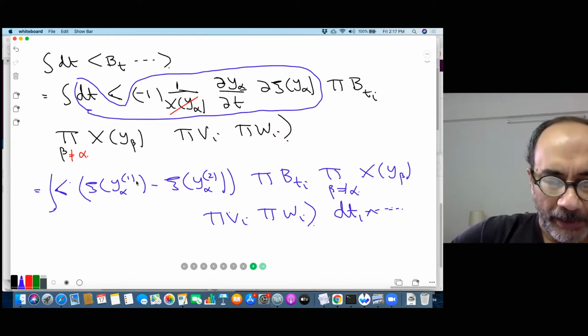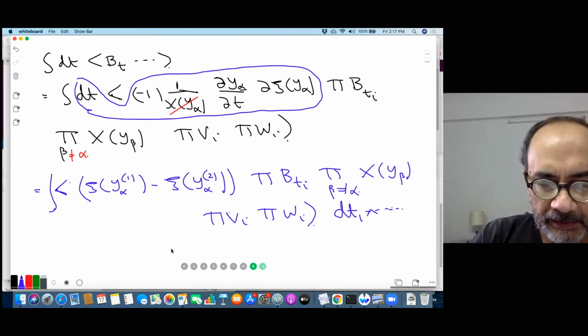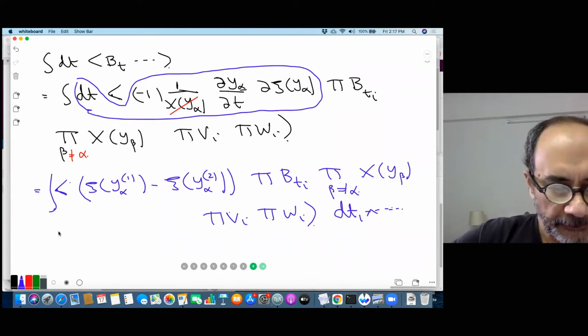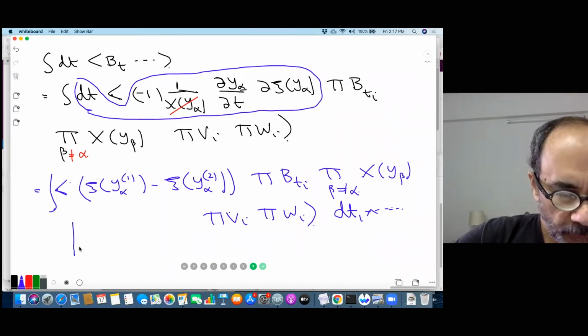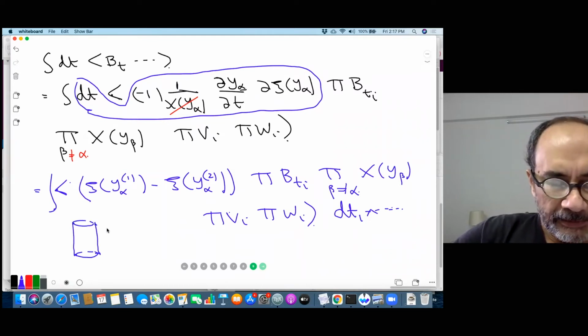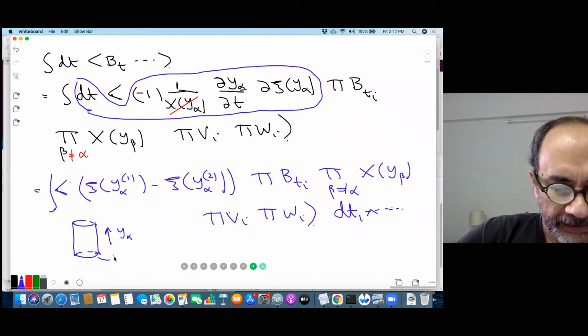Now, what are y alpha 1 and y alpha 2? Let me draw the cylinder again. This was the direction along which y alpha was varying. So y alpha 1 is the value of y alpha below, and y alpha 2 is the value of y alpha above. And the spurious pole was going like this.